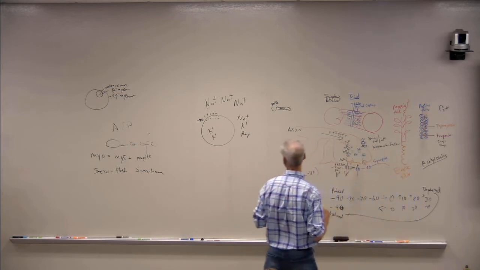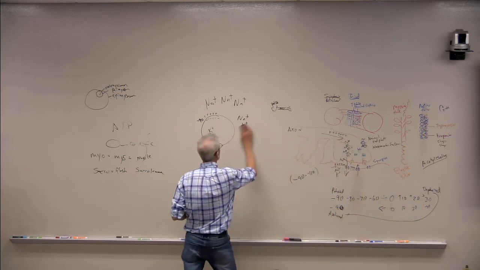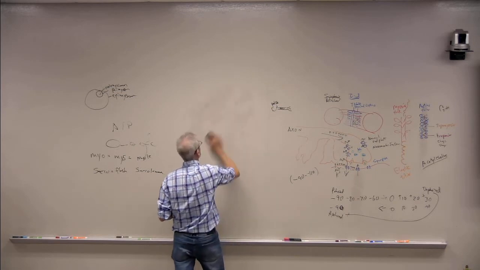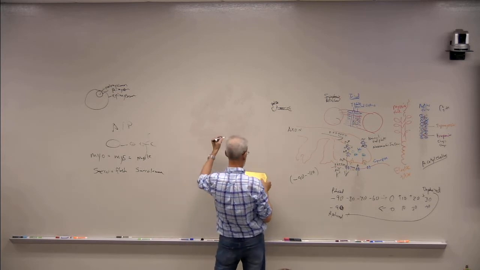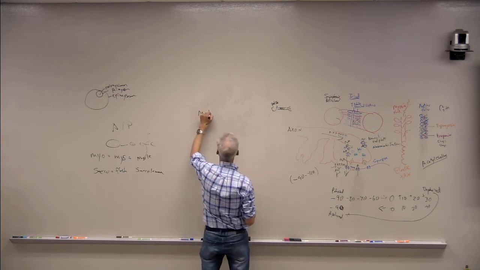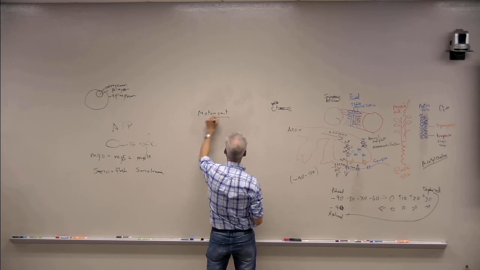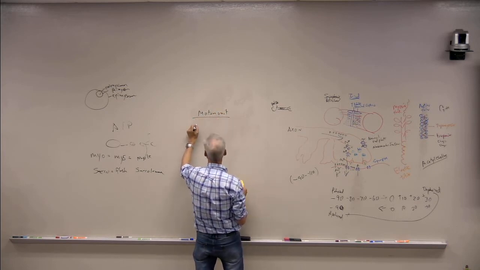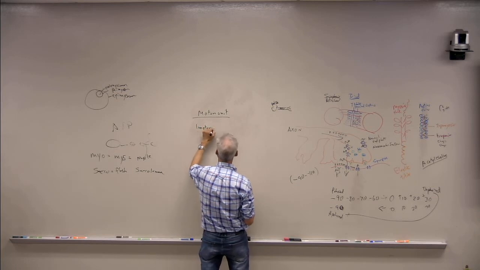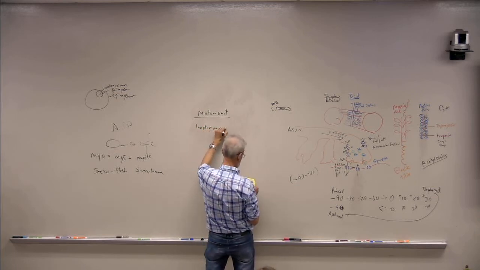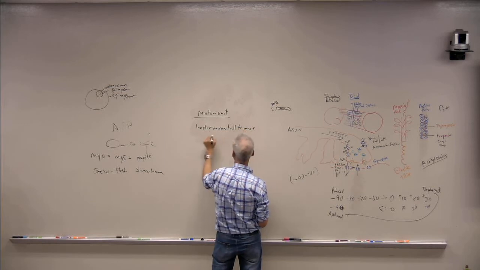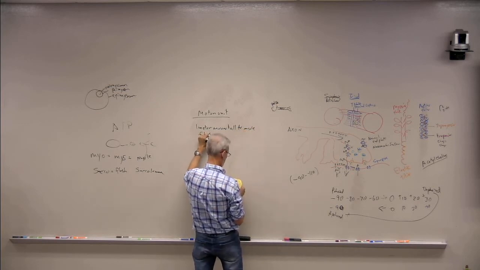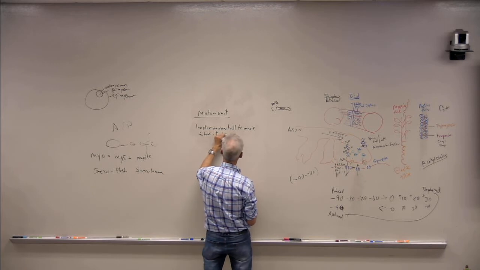Okay, real quickly, let's talk about a motor unit, M-O-T-O-R. A motor unit is one motor neuron and all the muscle fibers it innervates.